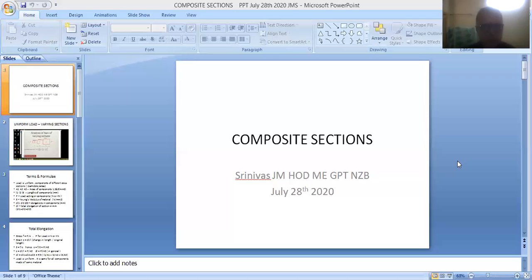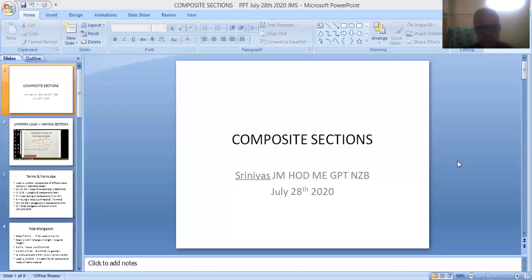So it is called uniform loads and uniform cross sections. Secondly, we have problems on uniform loads and varying, different cross sections. Thirdly, we have problems on varying loads and uniform, that is same, cross sections. And finally, we have problems on varying loads and varying cross sections.